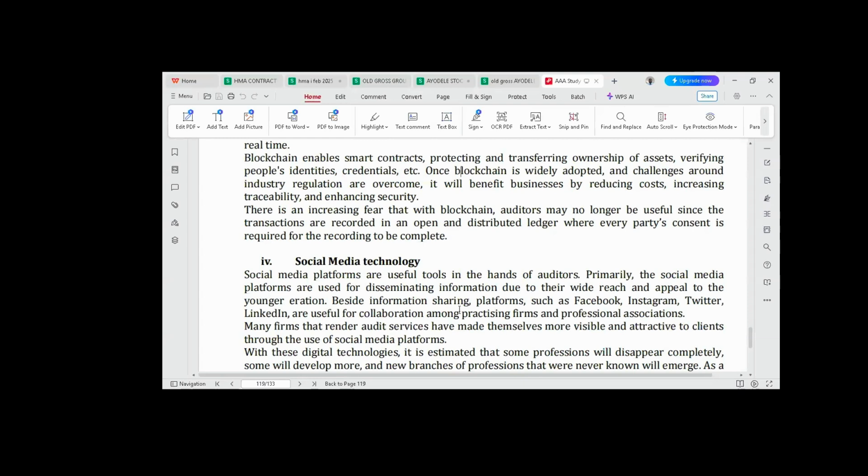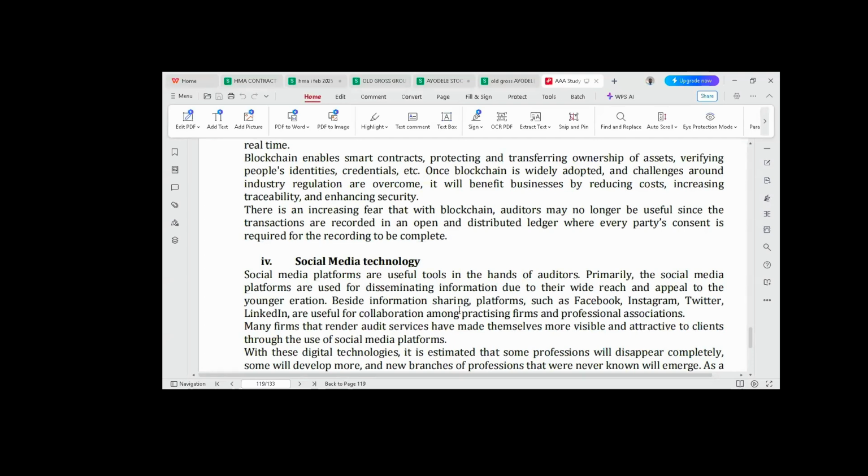So that means whatever the auditor normally does secretly before, everything is now in the open. Everybody can see what the auditor has done or what is about to do, and they must give consent before whatever the auditor wants to do can be effected. Okay, I hope that is clear.